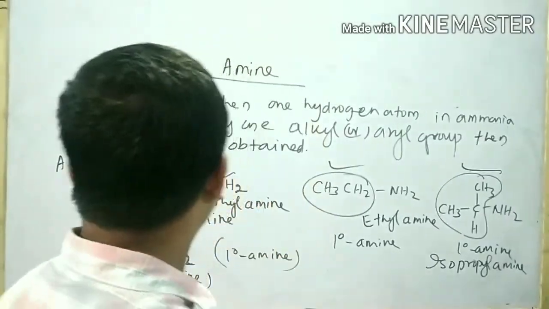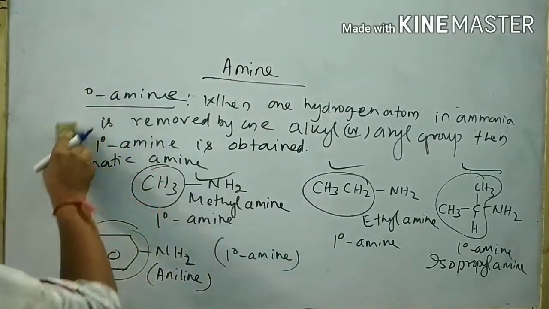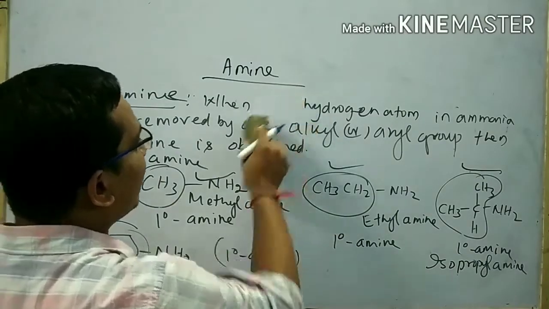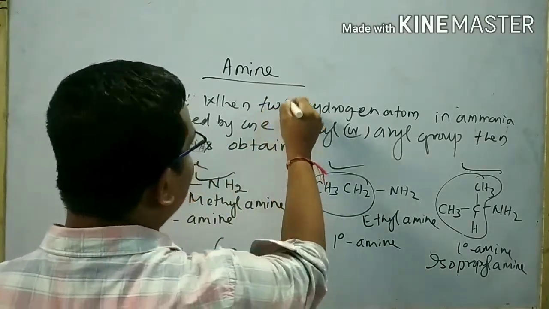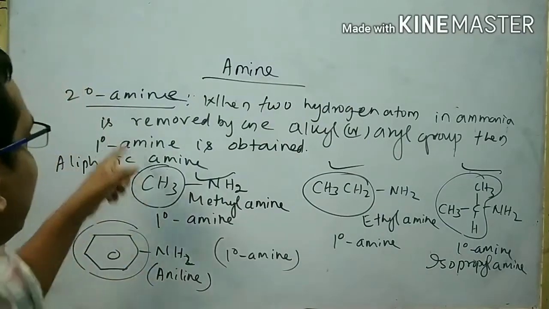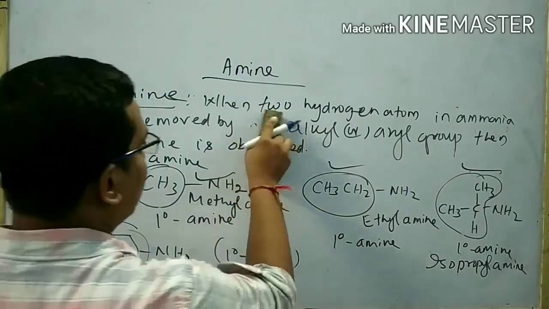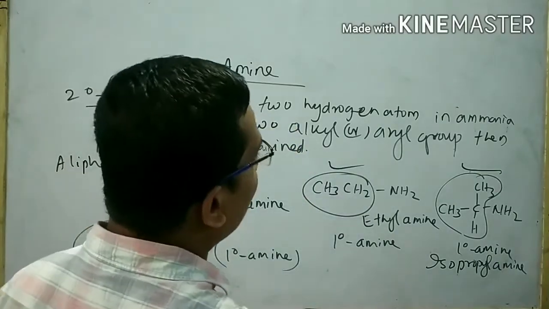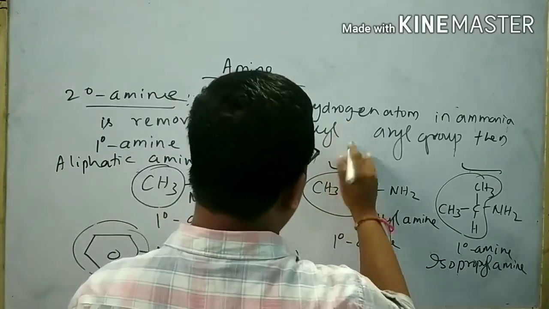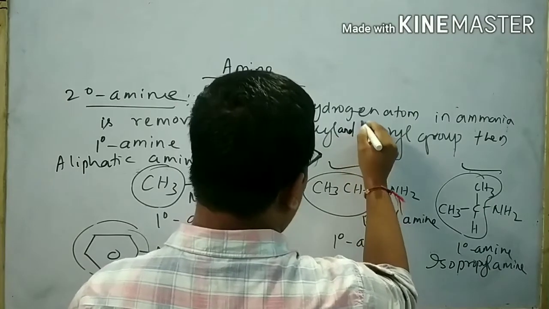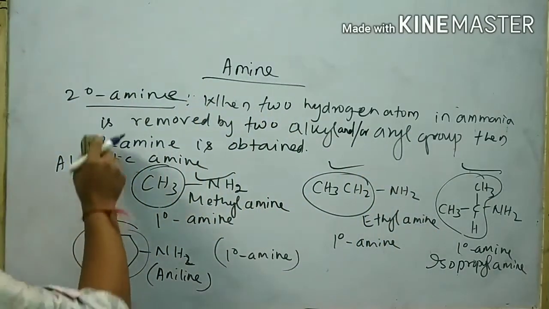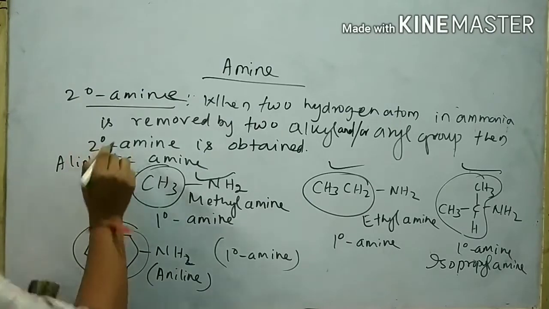Now I will discuss 2 degree amine, that is your secondary amine. When two hydrogen atoms in ammonia are removed by two alkyl and or aryl groups, then 2 degree amine is obtained.